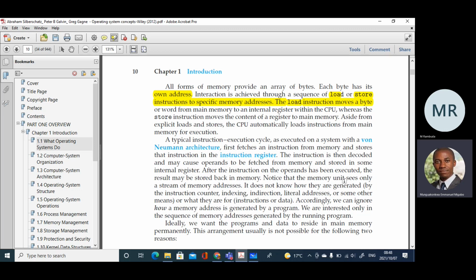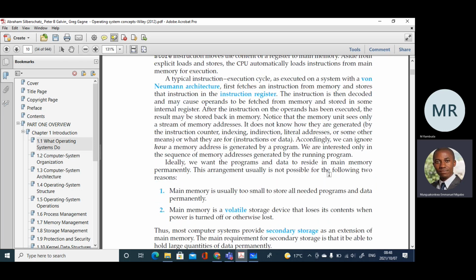Let's say an addition between two numbers, one being fetched from memory, one maybe being obtained from an IO device like a keypad. So that's a typical basic operation of a computer system in terms of its computer system organization. Okay, that is very important and well known.